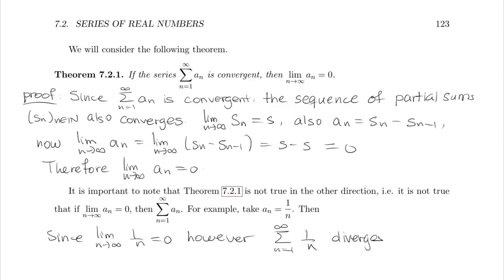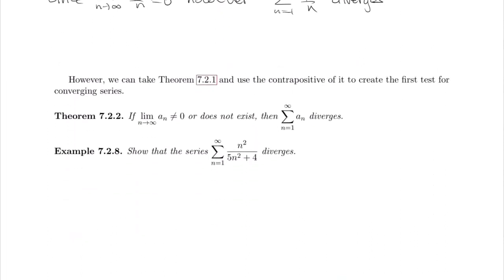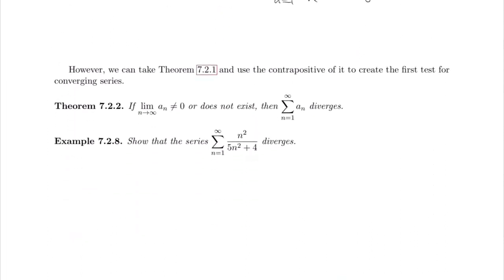However, another theorem that we could have a look at is an alternative version, the contrapositive of it. The theorem now says, if the limit of an does not equal 0 or does not exist, then the series diverges. For example, let us show that the series given by this diverges.